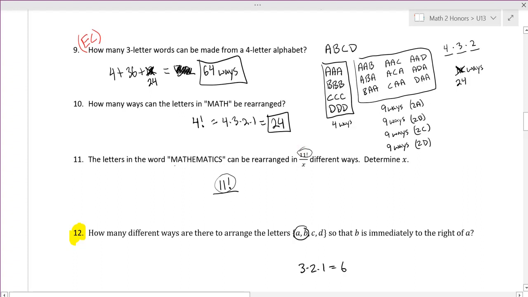So I have 2 m's, so 2 factorial for the m's. I have 2 a's, one here and one here. I have 2 t's, one right here and one right there. And I think that hits everything I need. So x is going to be 2 factorial times 2 factorial times 2 factorial, which ends up being 8.